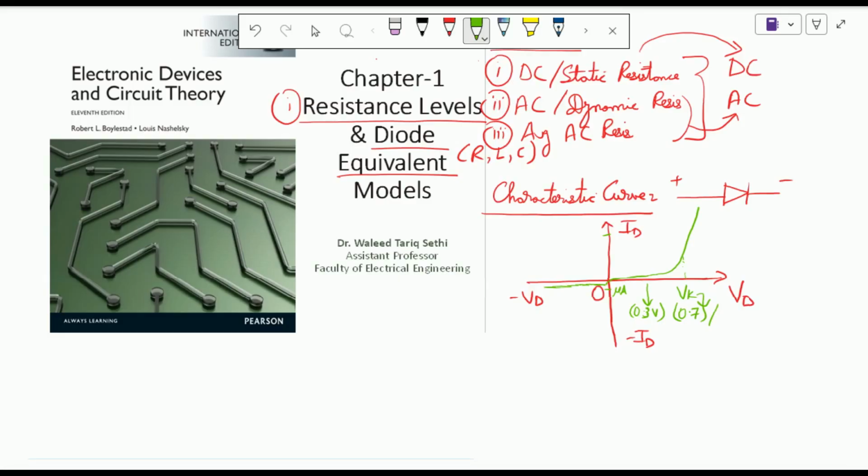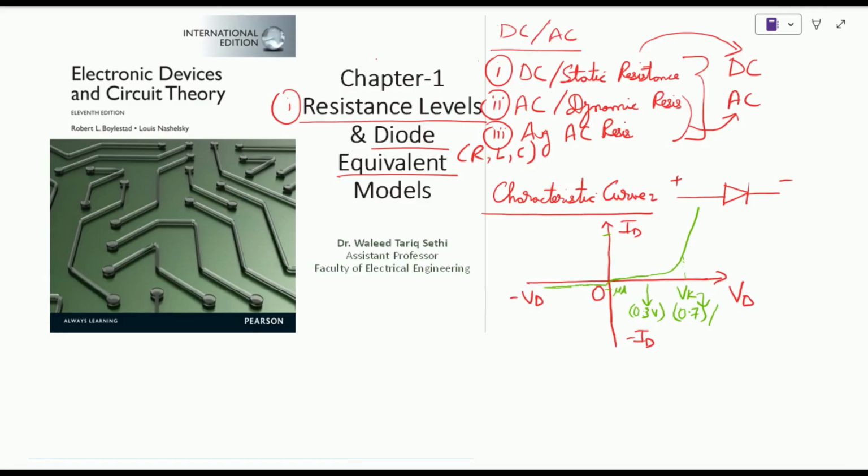Now, keeping with this characteristic curve, we are going to work on figuring out the various resistance levels, and whenever we draw this characteristic curve, we talk about something known as a Q point, which is basically an intersecting point between the value of current and voltage, which we term as IDQ for the current at the Q point, and VDQ, the voltage at the intersection for the Q point, where this Q point is known as the quiescent point.